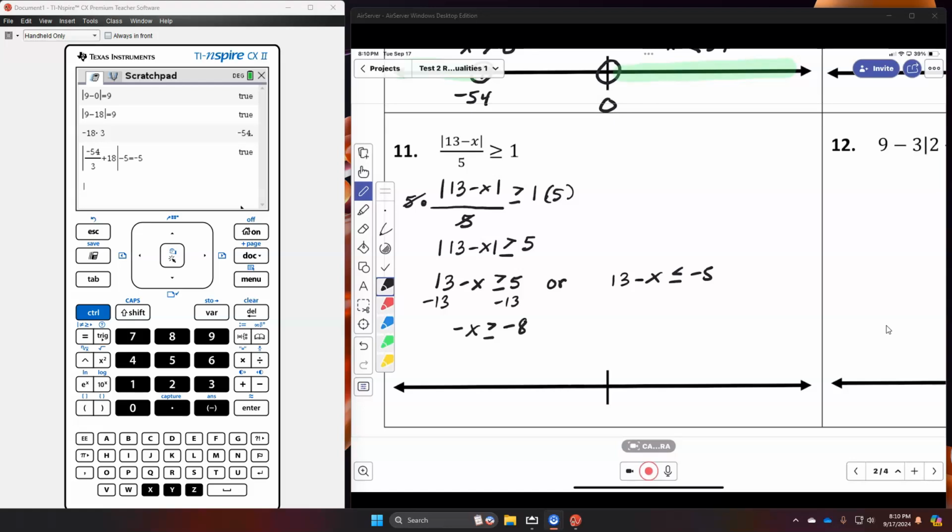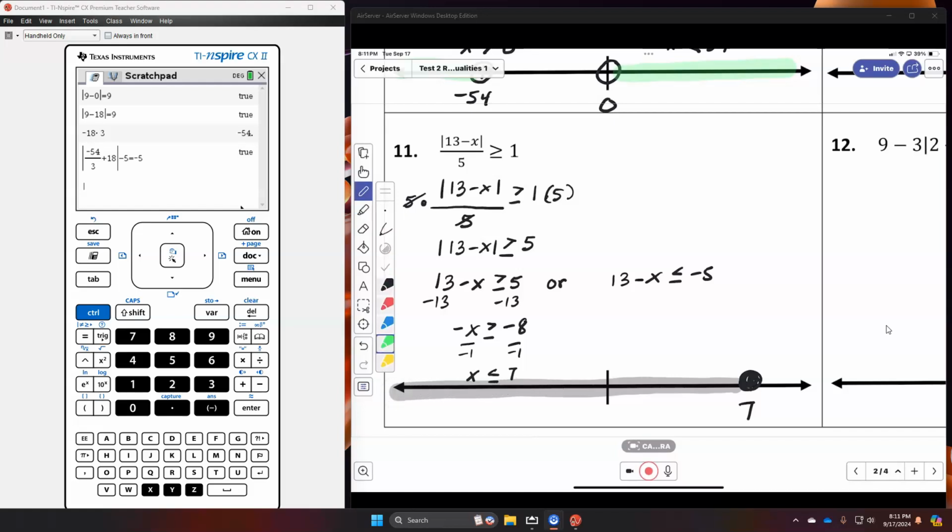Now this is where you got to remember from Algebra 1 that when you divide by negative 1, the inequality sign is going to change. So x is less than or equal to 7. I'm going to go to 7, and you're going to have a closed circle because it's equal. And it's less than, so we're shading in the opposite direction, right?